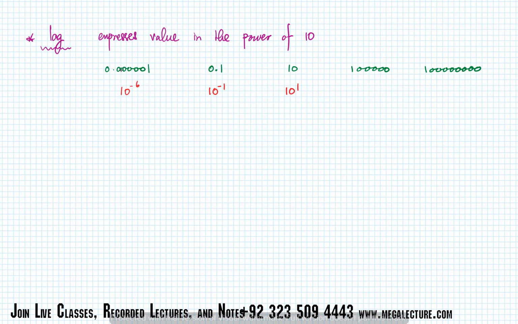This one is 1 2 3 4 5, that's 10 power 5. And this one is 1 2 3 4 5 6 7 8, 10 power 8. So if you take log, it will tell you this is minus 6, this is minus 1, this is 1, this is 5, and this is 8.